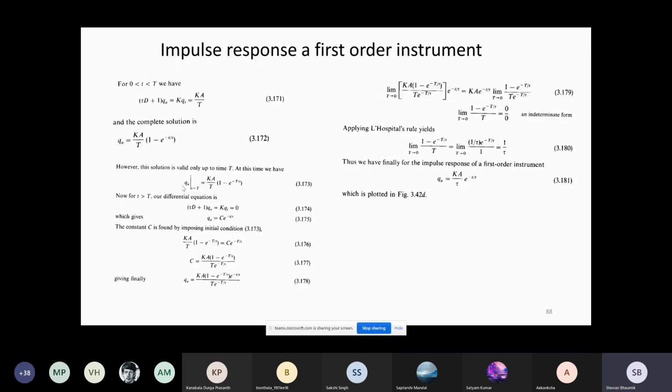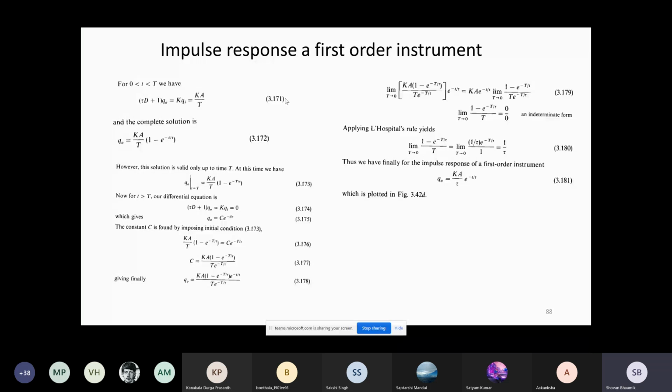Another way you could do that: see equation 3.171, where small t is acting between 0 and capital T, and then we consider small t greater than capital T. Here, tau D plus 1 into q0 equals k qi, and we know k qi will be the amplitude, K A by T, and we can calculate the complete solution as q0 equals K A by T into 1 minus e to the power minus t by tau.